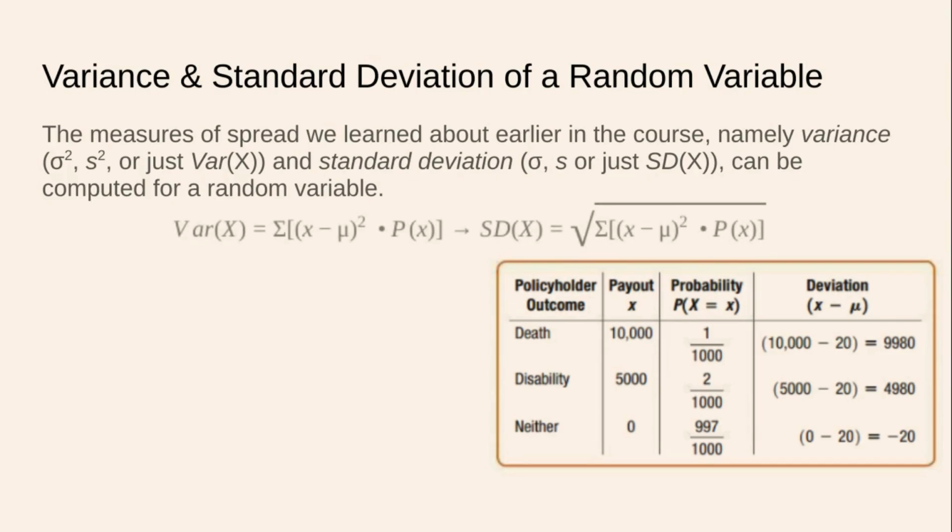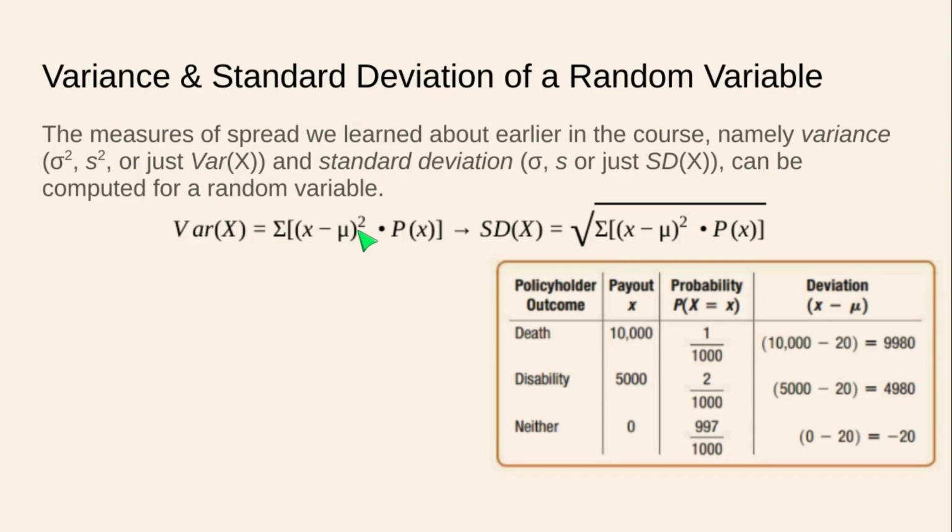So the variance for a random variable is the sum of what is happening in here. It's the squared deviations. And a deviation is a value that the random variable can produce minus the mean that the random variable will produce.